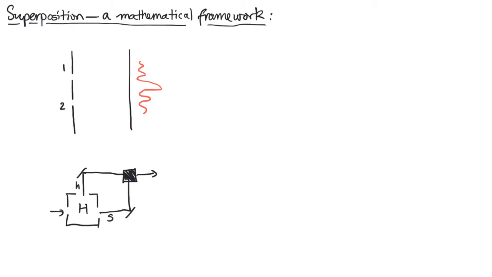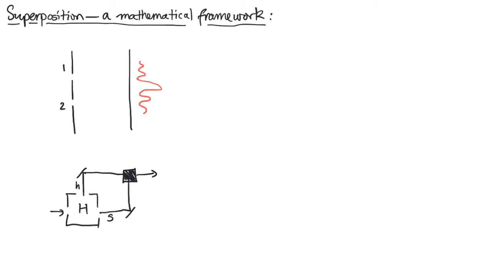Now, one of the hallmarks of this course is that we have only introduced mathematics as needed to clarify a situation. And we are now arriving at a place where in order to have a clear, crisp, and well-defined explanation for superposition, we need to have some mathematical framework. Okay, and that's what we're going to do.